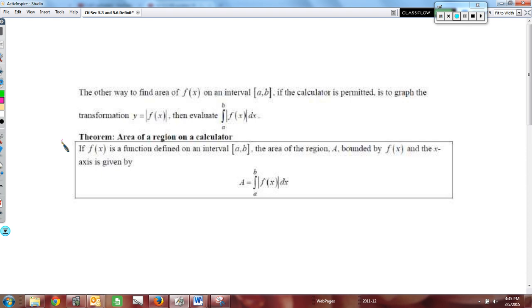This is just a theorem reminding us that if you are on a calculator, you always do this. Always. Could I have done it the method of find the x-intercept, determine positive or negative, write the multiple definite integrals? Yes, but that's longer. We're trying to be efficient and fast. So always, always, always on the calculator section, use this method.